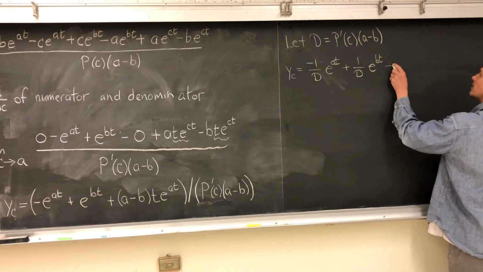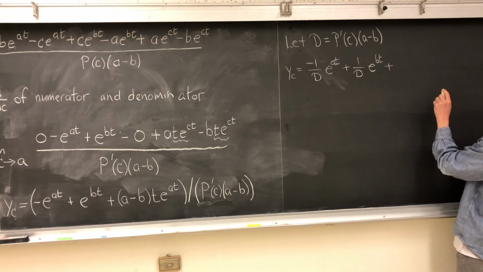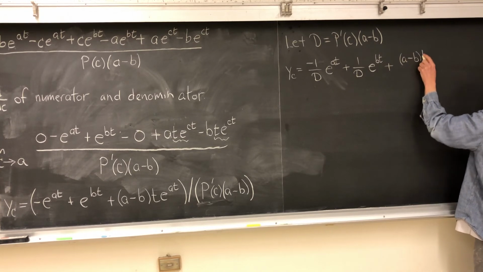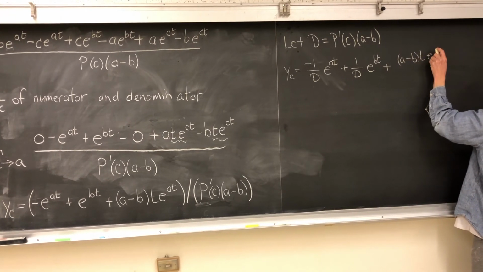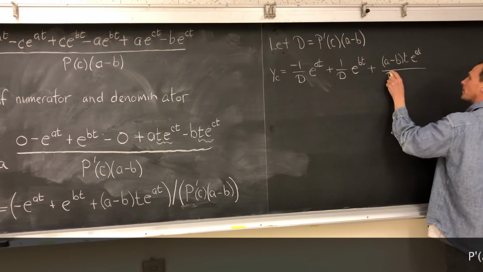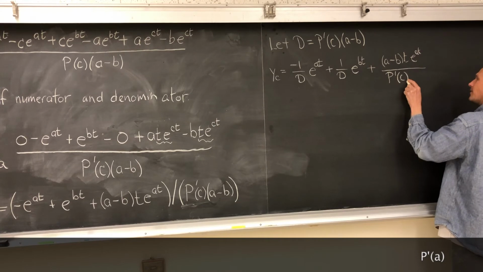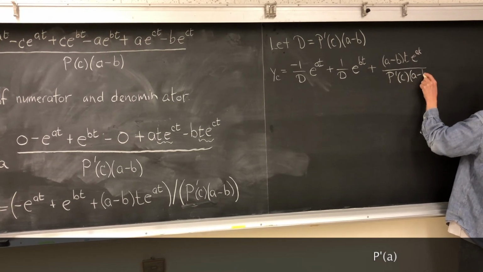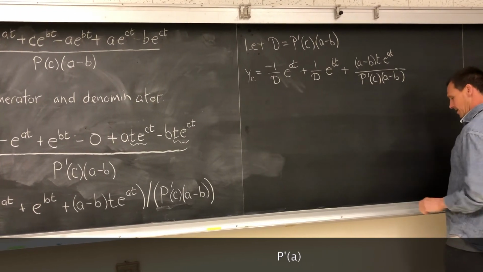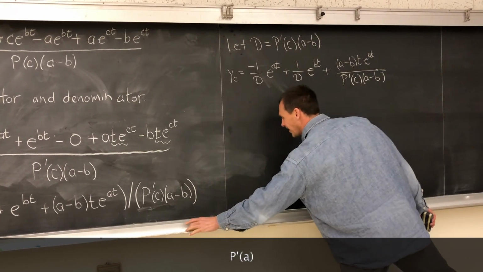So I'm going to write that deliberately, plus a minus b t e to the at over p prime of c times a minus b. Oh, and I just love canceling things.